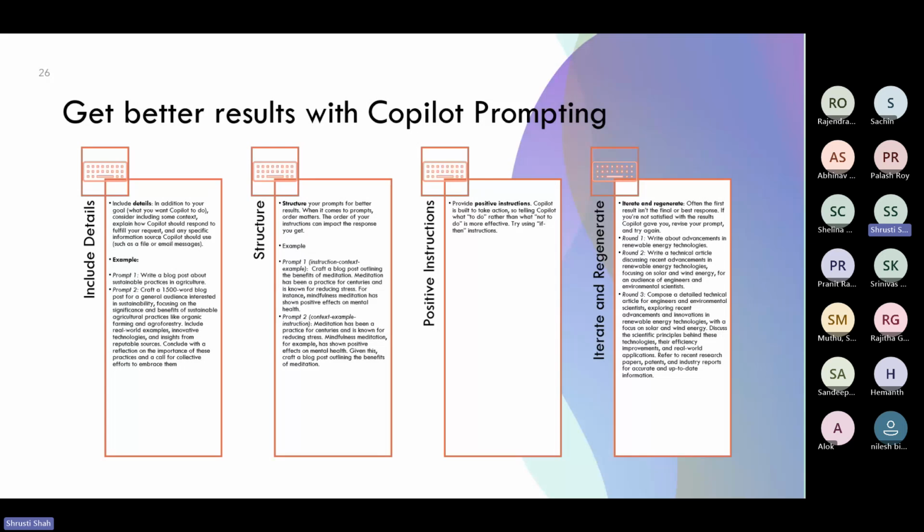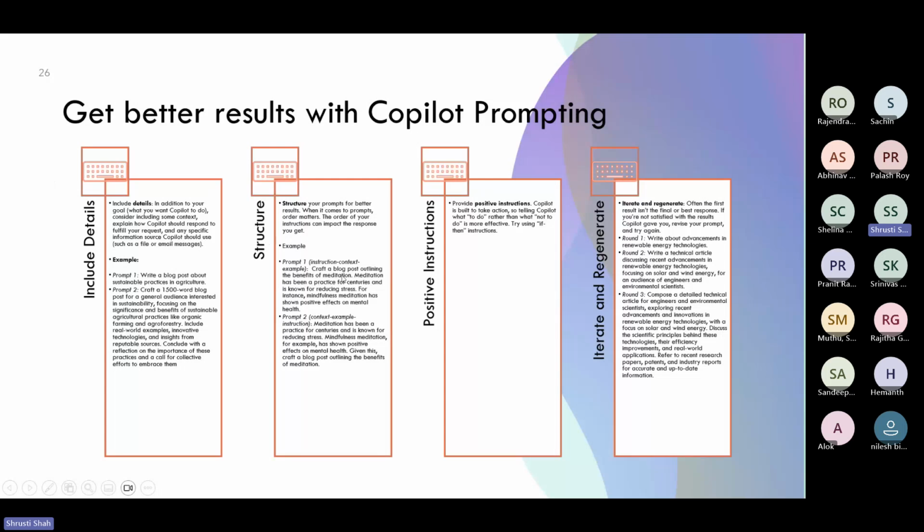When it comes to prompts, order matters. When we are speaking, it's fine if I mess up the order sometimes, but when you are giving instructions, this is kind of your code: first execute this, then execute that, right? That still stays the same here in prompt engineering. Structure is important, and there are a few examples here.